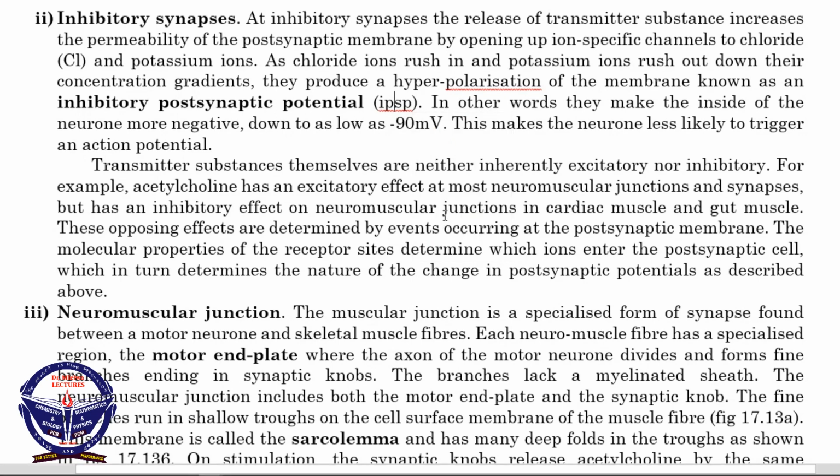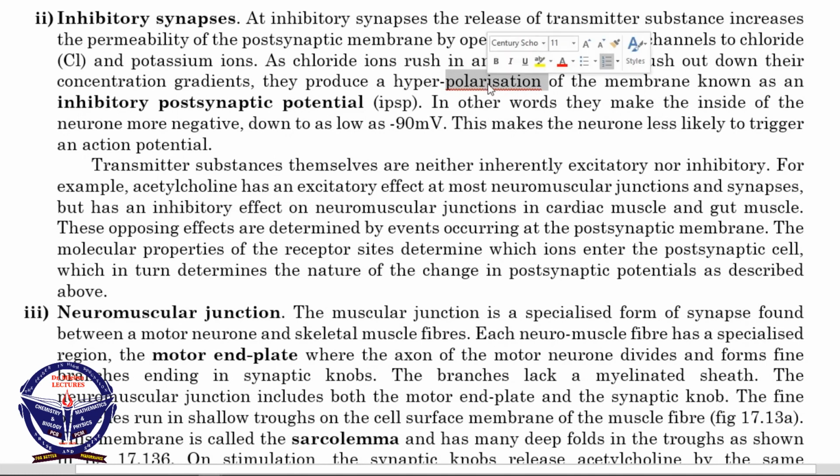Inhibitory postsynaptic potentials, in other words, make the inside of the neuron more negative, down to as low as negative 90 millivolts. This makes the neuron less likely to trigger an action potential.